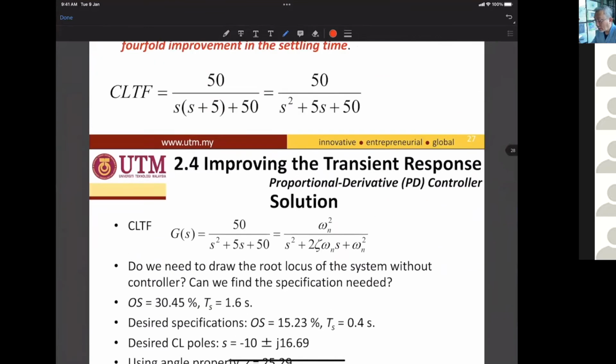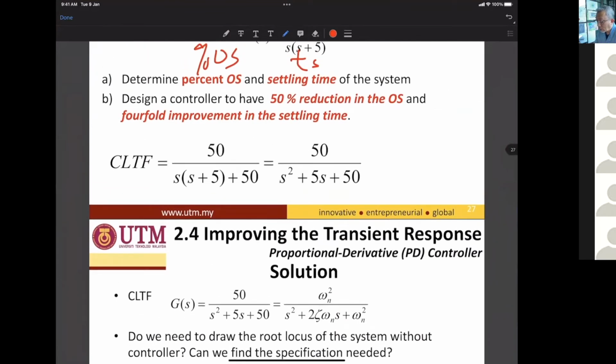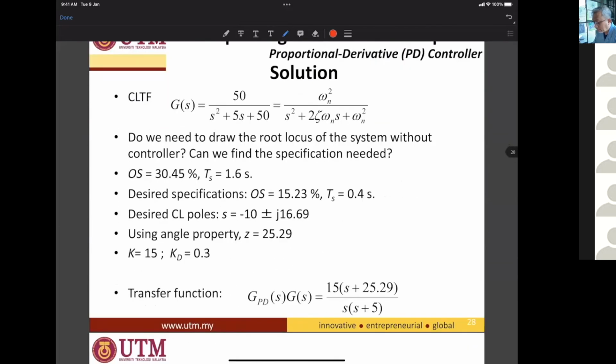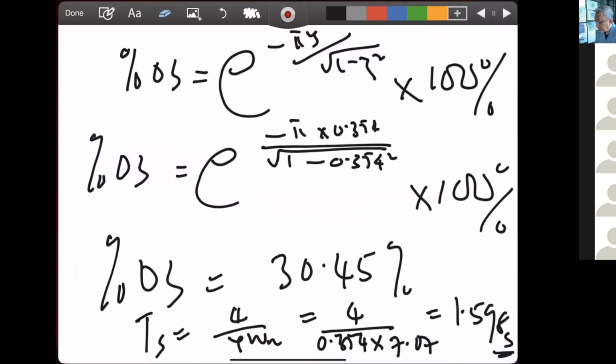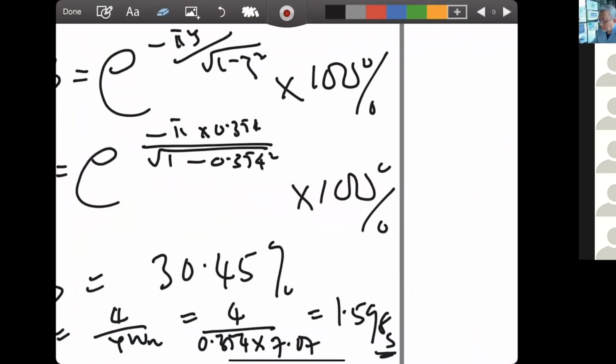The part 1, and design a controller to have a 50% reduction in the OS. Jadi sekarang ni 30.45 kan.